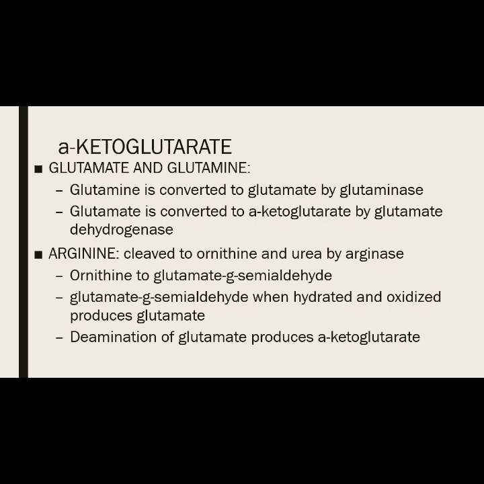The glutamate is converted to alpha-ketoglutarate by the action of your glutamate dehydrogenase or by transamination in the muscles.